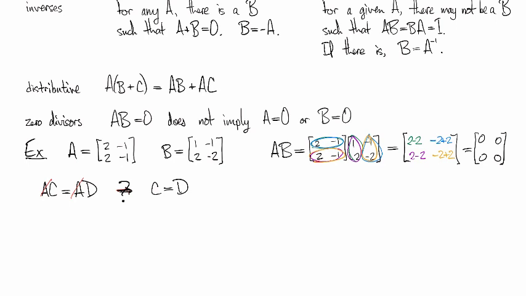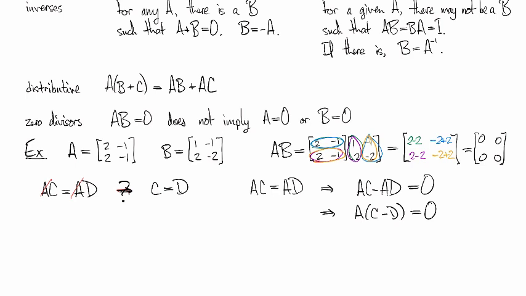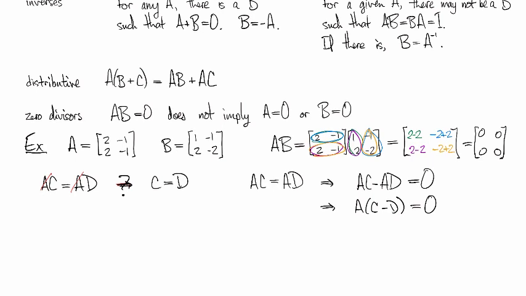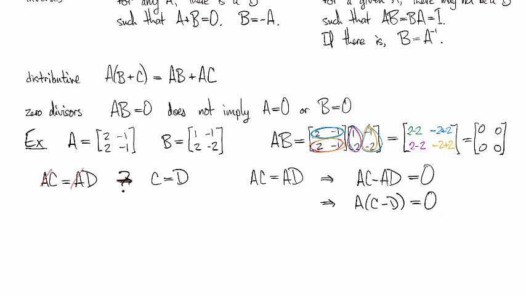The reason we believe the cancellation law to be true is that if we have AC equals AD, then we can make this into AC minus AD equals 0 by subtracting from both sides. Then if we factor out the A, we have A times (C minus D) equals 0. And so then we want to conclude that either A or C minus D is equal to 0. And if we expect that it's C minus D, then that would tell us that C is equal to D.